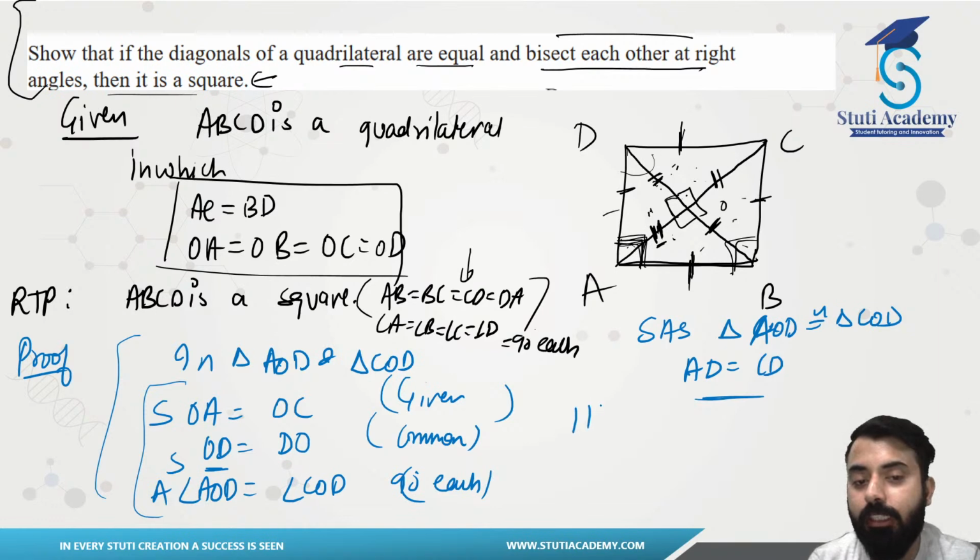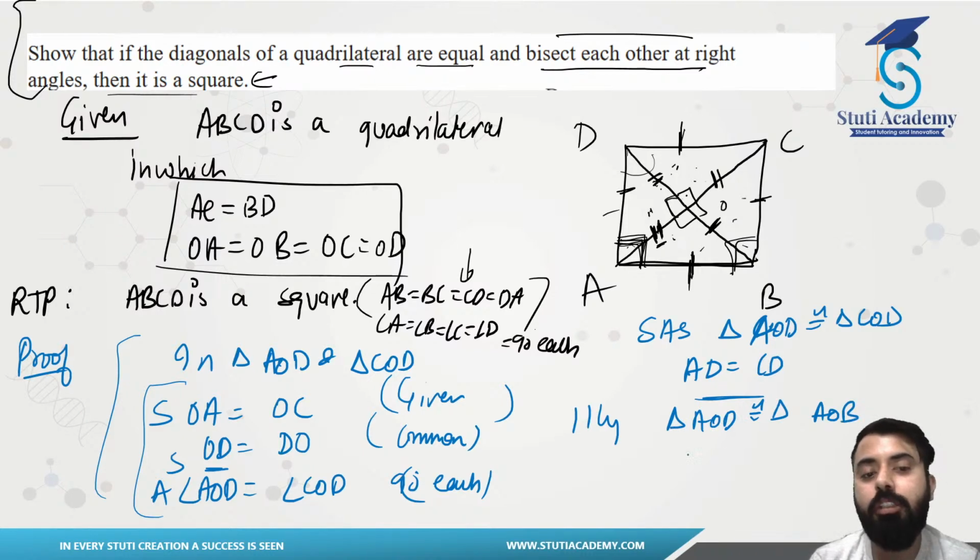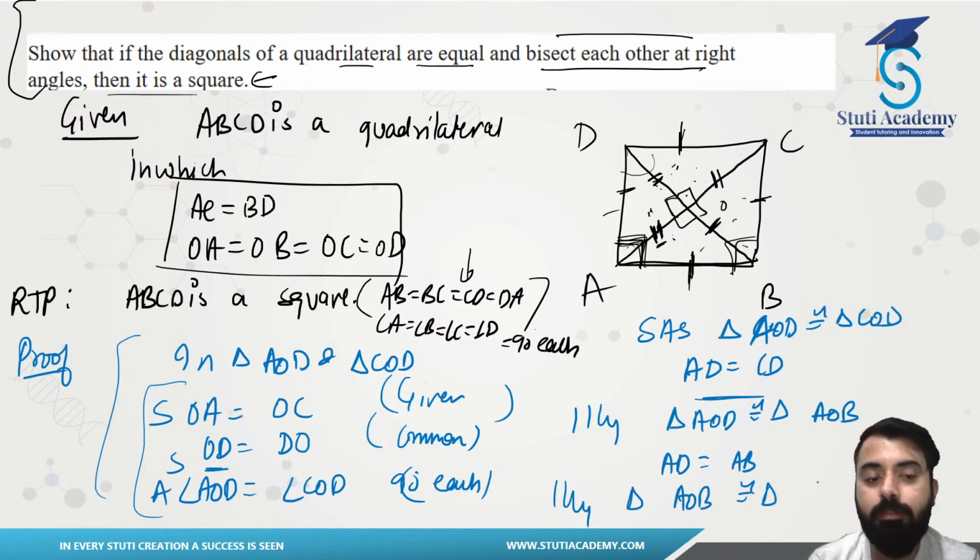Now similarly, if triangle AOD becomes congruent to triangle AOB, then you can easily say AD will be equal to AB. Similarly, if triangle AOB becomes congruent to triangle BOC, you can easily say AB will be equal to BC.